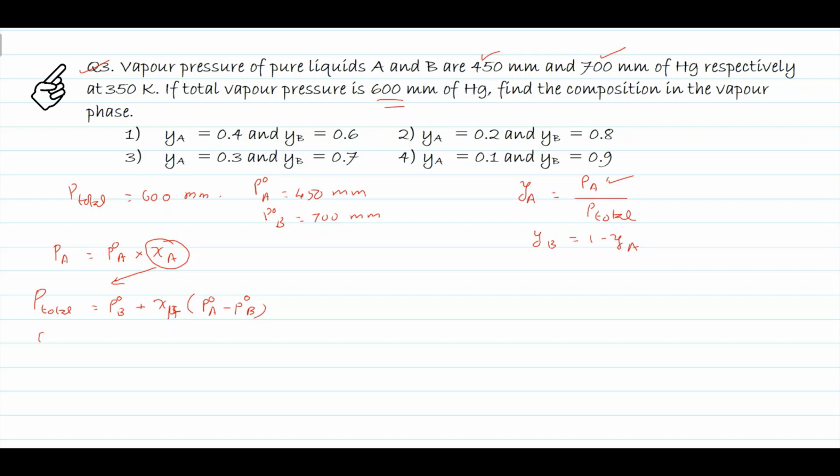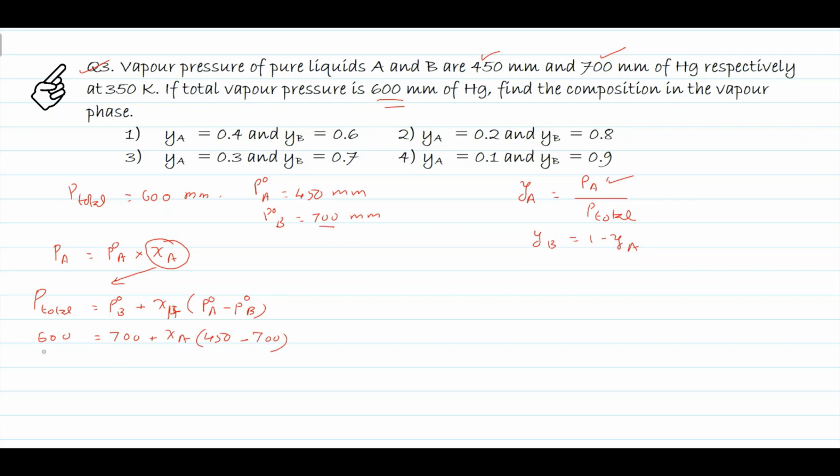Here P total is 600, P0B is 700, plus Xa which is to be found out, times P0A, which is 450, minus P0B, 700.